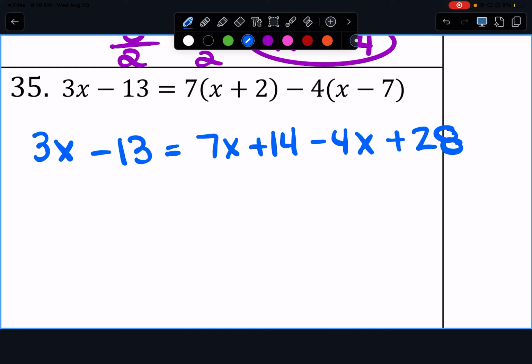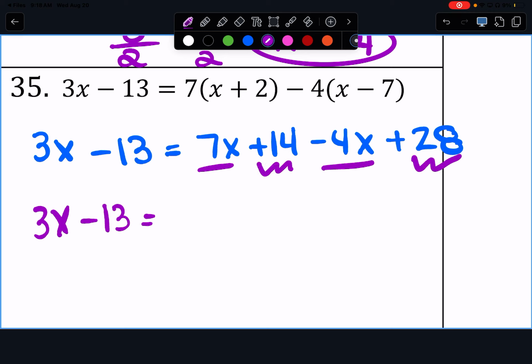Now, what next? Yep, so we have on this side nothing we can do. But what are my like terms I can combine on the right? 7x and 4x and 14 and 28. What is 7x minus 4x? And then what is 14 plus 28? 42.